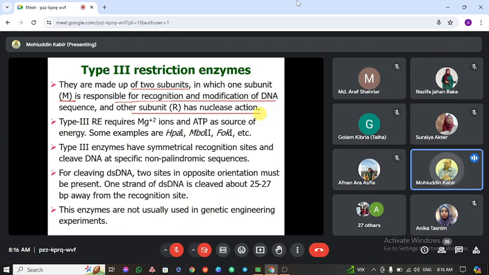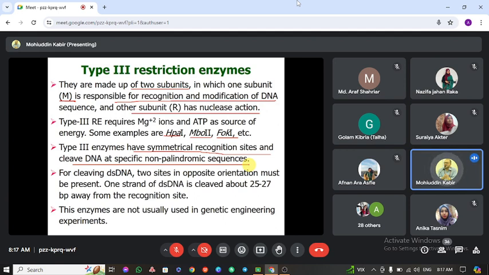Some examples of type 3 are HpaI, MboIII, FokI, etc. This enzyme has an asymmetrical recognition site and cleaves DNA at a specific non-palindromic sequence.